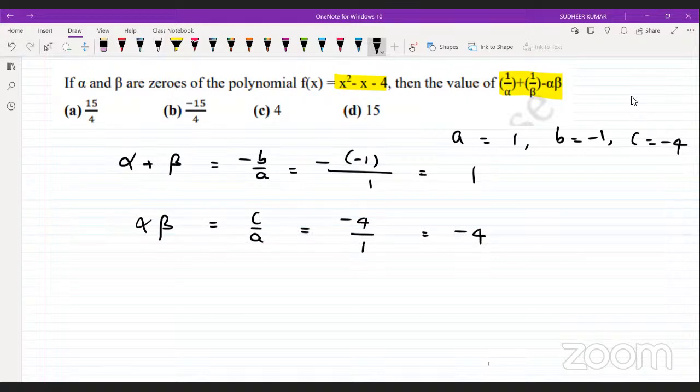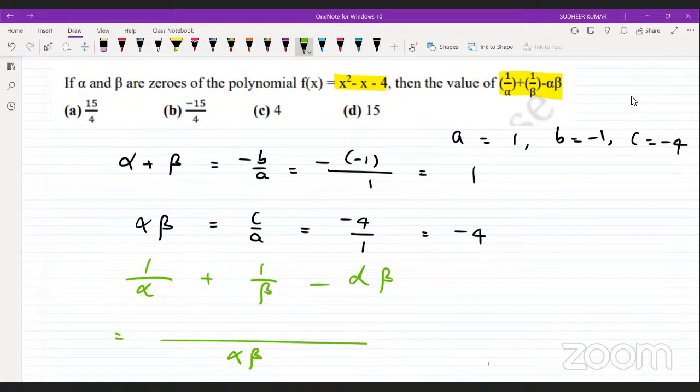Now we got the results of the product of roots and sum of roots. Now let us find this result. So 1 by alpha plus 1 by beta minus alpha beta equal to. Find the LCM. So LCM of this is alpha beta. So this is beta plus alpha minus alpha beta whole square.